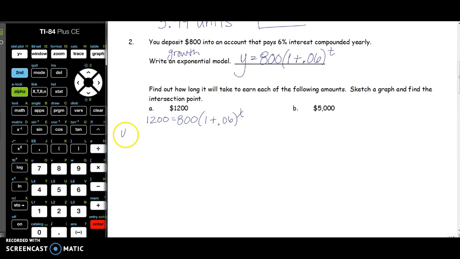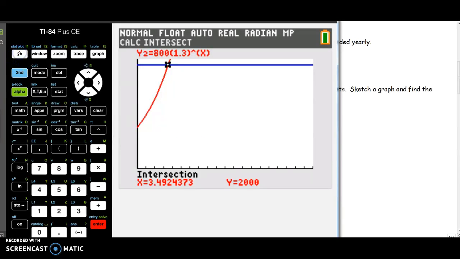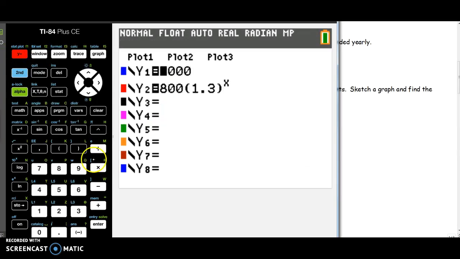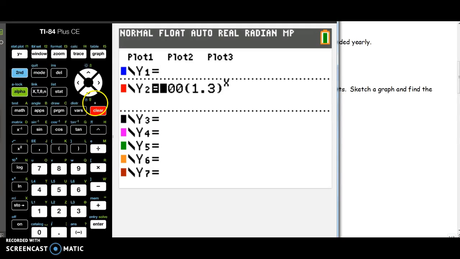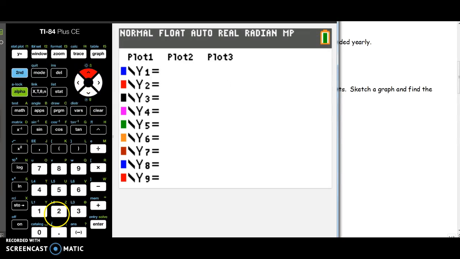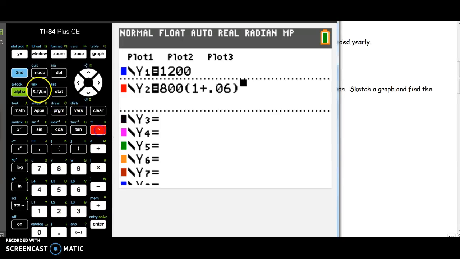So again, we have a y1 and a y2. Your y1 is 1,200. Your y2 is 800 times 1 plus 0.06 to the x power. So when we go to our graph, we're going to clear what we had. y1 is 1200, y2 is 800 times 1 plus 0.06 raised to the x power.